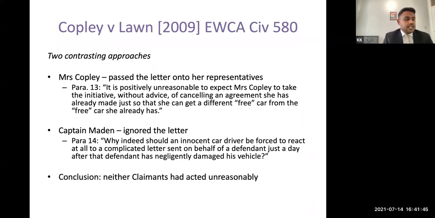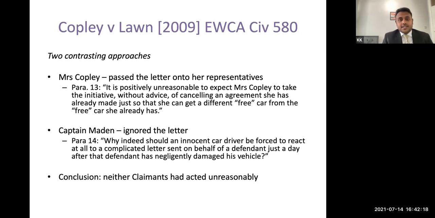And she says that once she received the intervention letter, she passed that straight on to her representatives as soon as she received it. That is what we might call a typical claimant response in credit hire cases. That being, you are, of course, guided by either those instructing you or your insurers. Once you receive any correspondence or communication from the other side, you let your representative know about it. That is, as no doubt many of you will see in your own experiences, typically what claimants do.